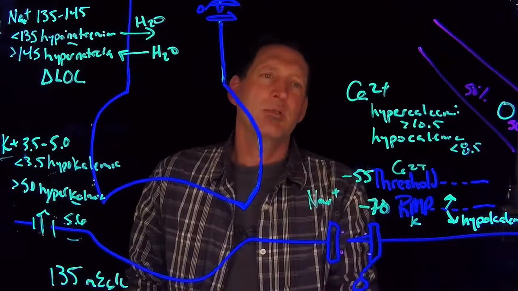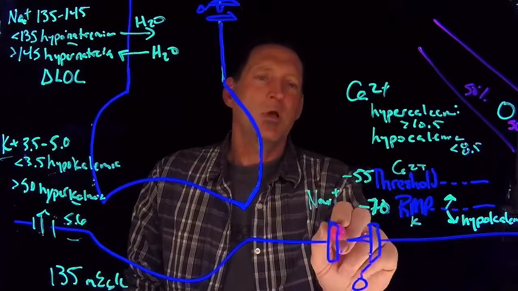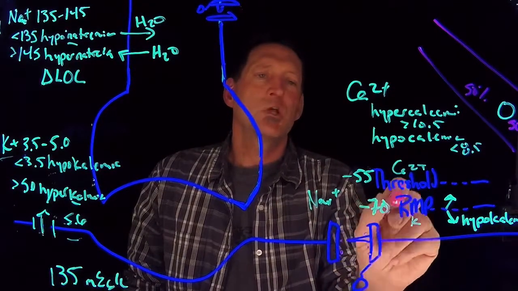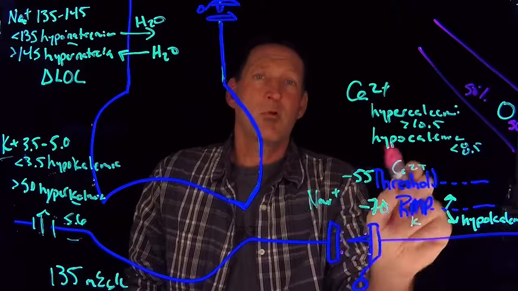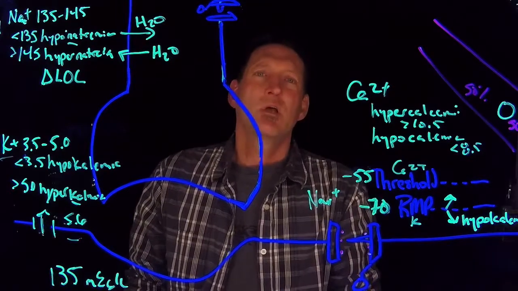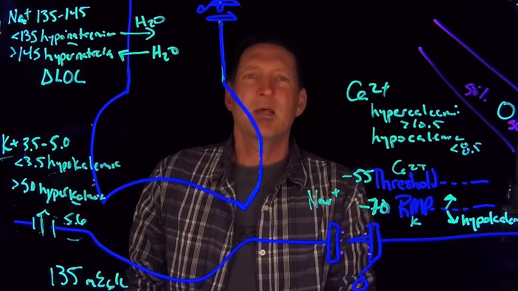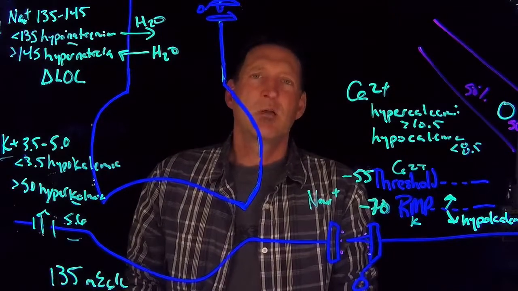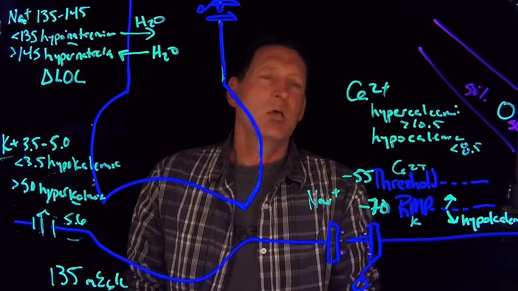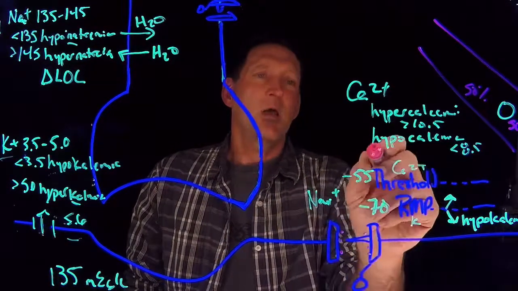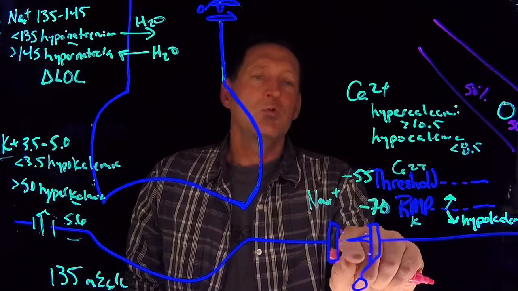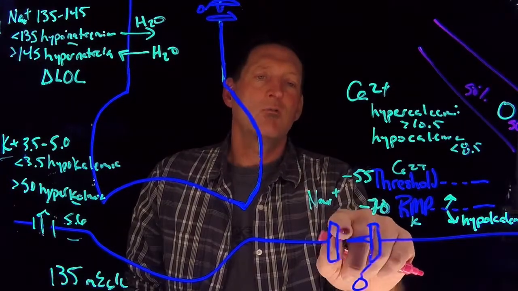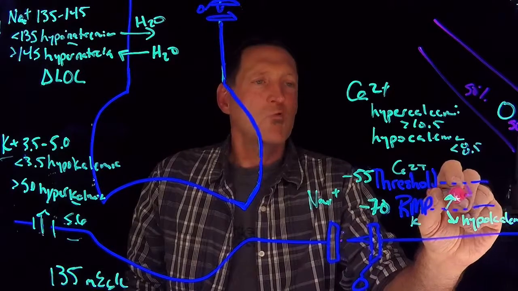But think about what happens. If I have hypercalcemia, I'm going to stabilize this too much, and threshold is going to move further away from resting membrane potential. And so you're going to get someone that has hyporeflexia. They don't respond, okay? On the other hand, if I have hypocalcemia, I lose the stabilization of this channel and threshold drops this way.